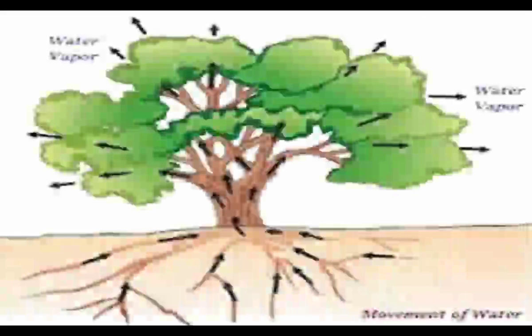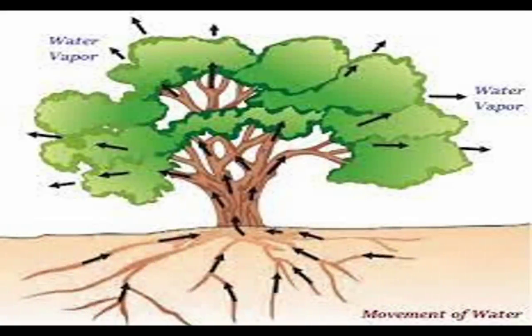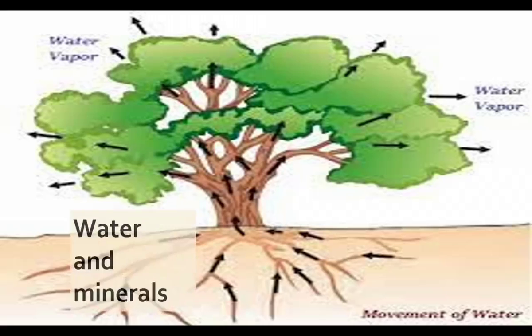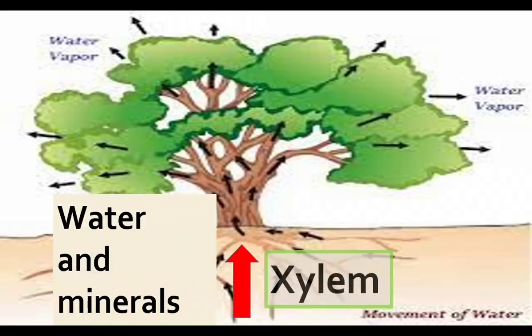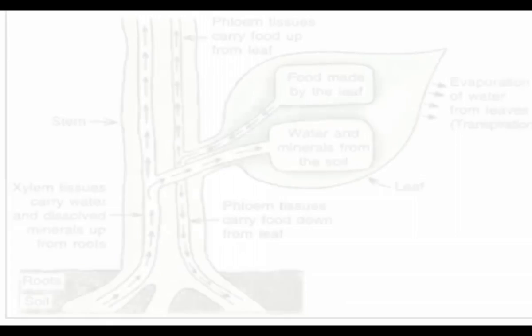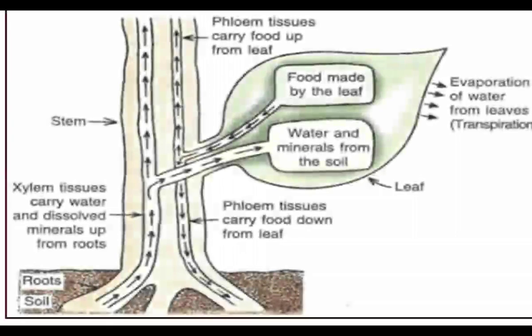A plant needs water for various activities. Water and minerals are transported from the root system to various parts with the help of xylem elements. A leaf needs water for photosynthesis.